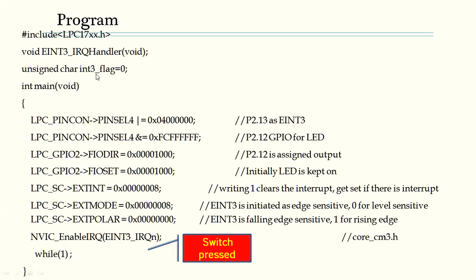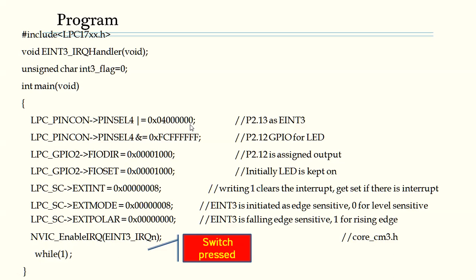And then we have used a Boolean flag which is set with a value of 0. These are the initializations that need to be done, and let us understand these in a bit more detail. The first statement written here is PINSEL4 ORed with 0x4, remaining all zeros.